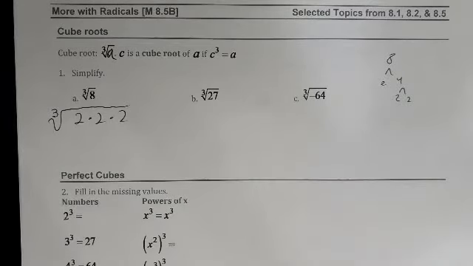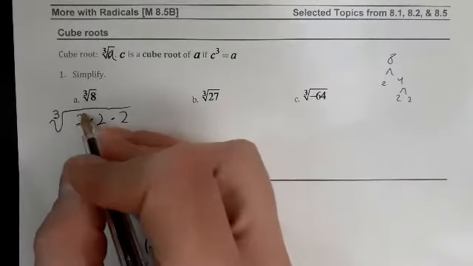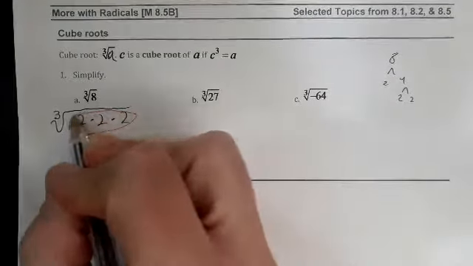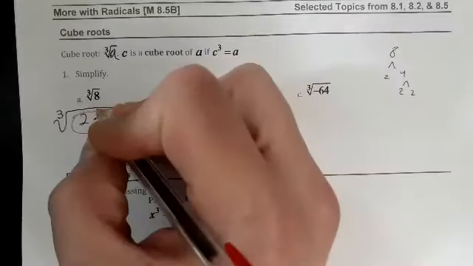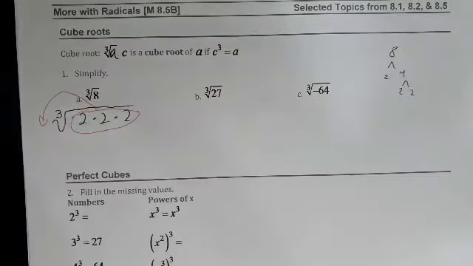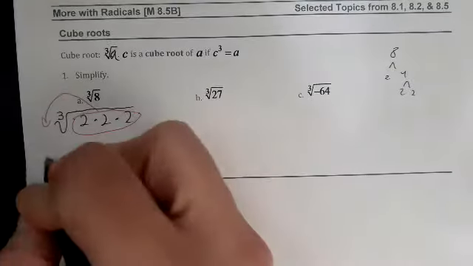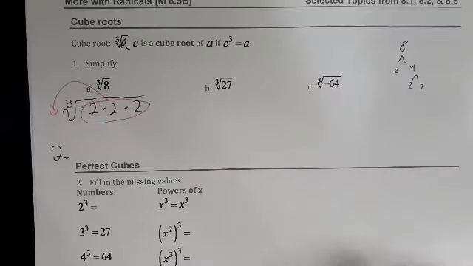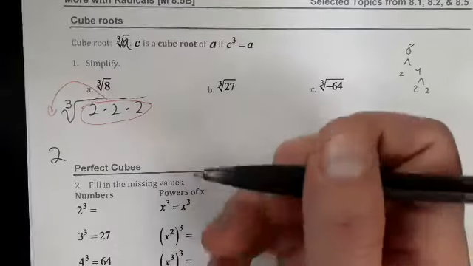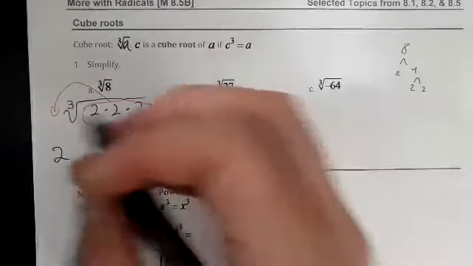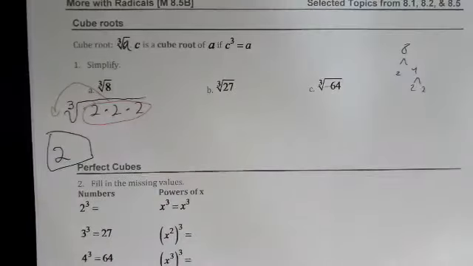When we did squares, we would take out groups of 2 and leave the single things alone. Now we're going to look for groups of 3. If it's a group of 3, I can bring this group out and it comes out once. So I have a 2 here, I have nothing left underneath this radical. So this is equal to 2.